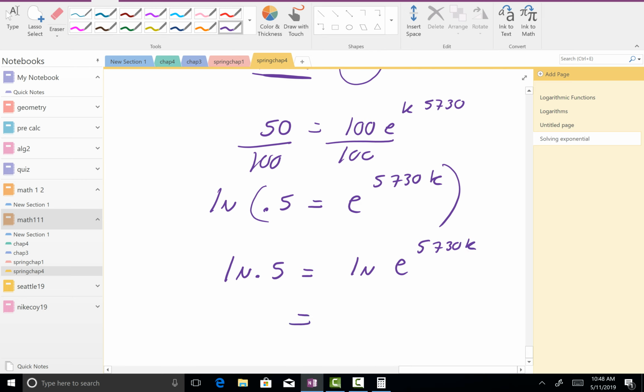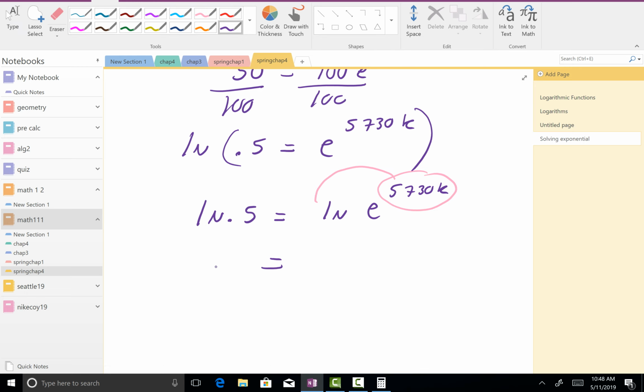So this, because of properties of exponents, is going to pop right out in front. This is a 0.5. So it looks like that.